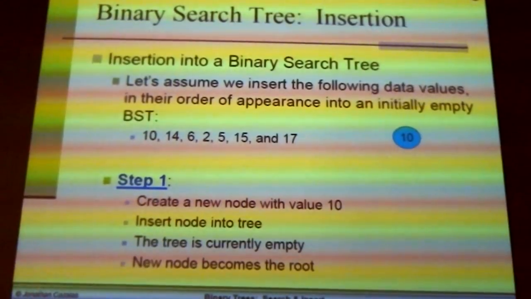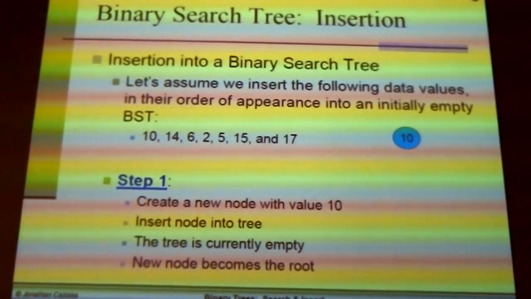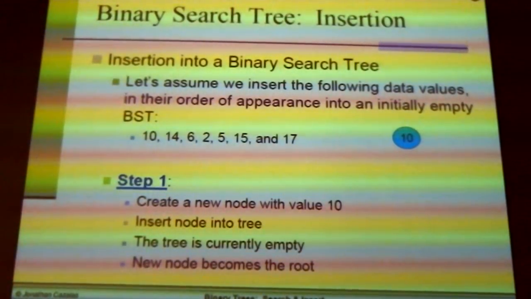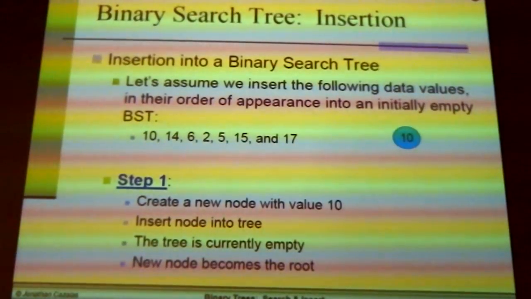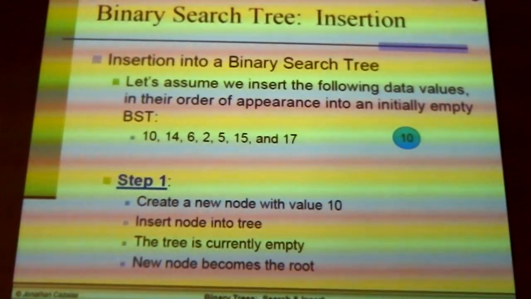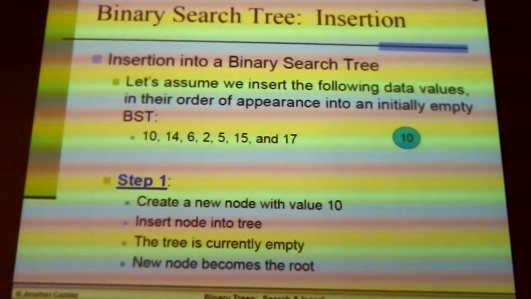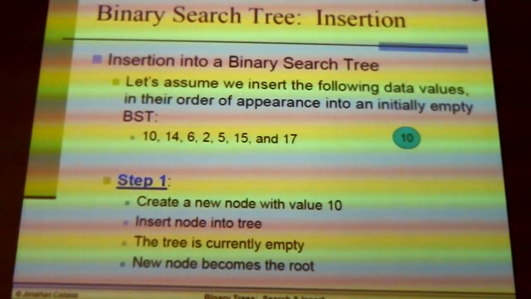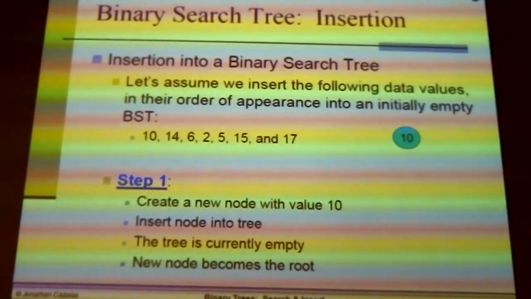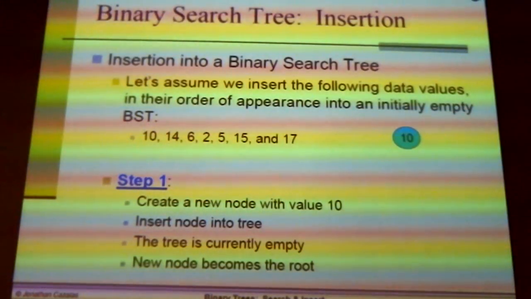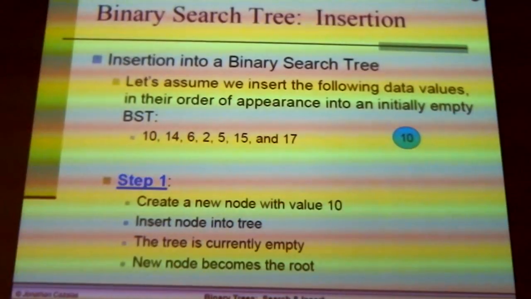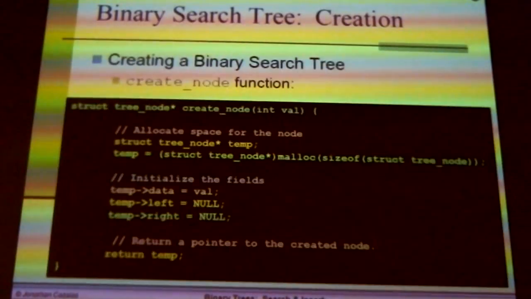When we create our root node, what are we going to set the data portion of our struct to? There are three pieces to our struct: the data, the left, and the right. We have our first value here, 10. What do we do with that as far as the struct is concerned? We're going to set it to the data portion, right?